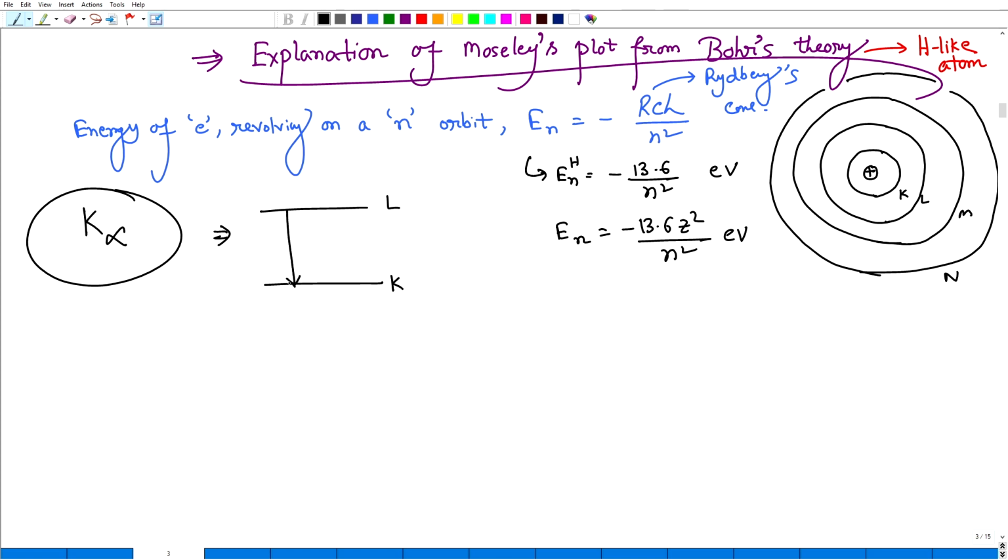So we just have to focus on L to K for this transition, but we have to keep in mind what the energies of E_K and E_L will be.